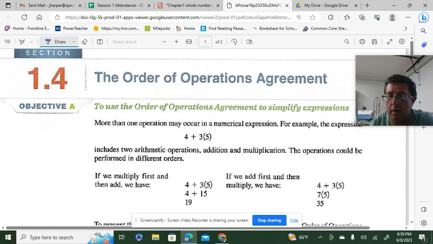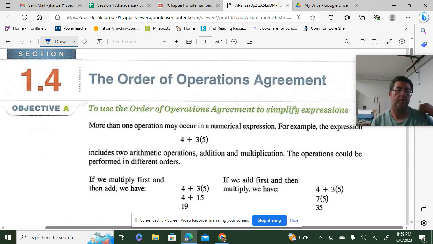Now, sometimes when you're doing problems, you'll have more than one operation. So in the example, it says 4 plus 3 times 5. So you have to know what problem to do first in the equation. What you have to do is remember the order of operations, which is parentheses, exponents, multiply, divide, add, subtract. And you can remember that by, please excuse my dear Aunt Sally.